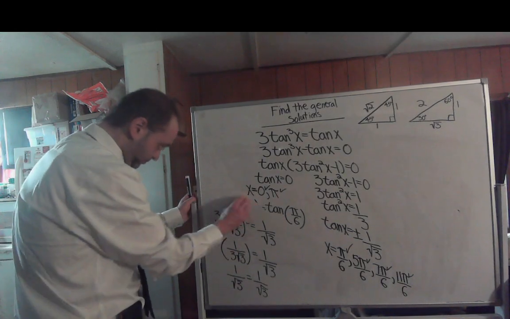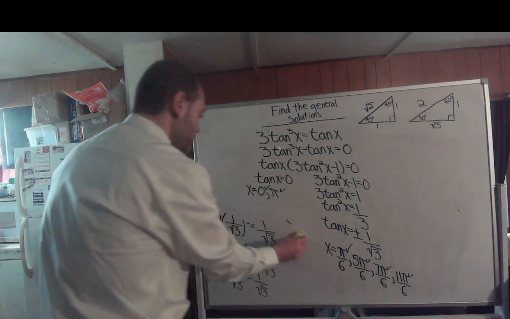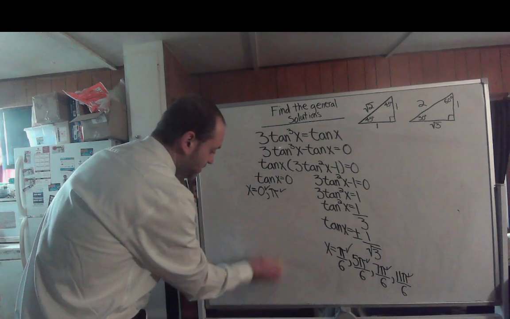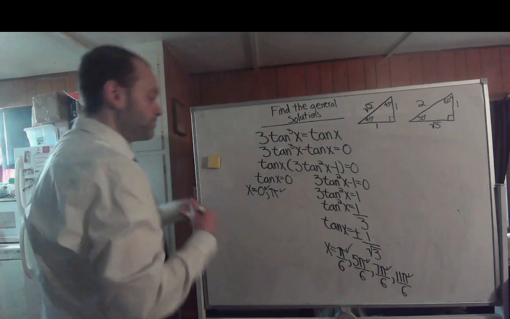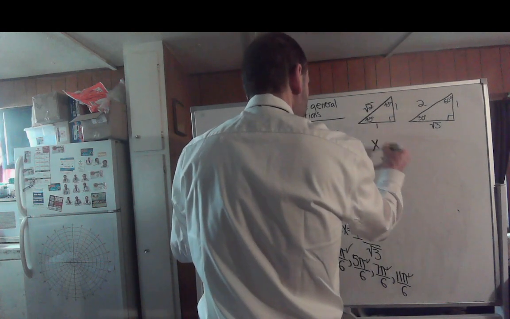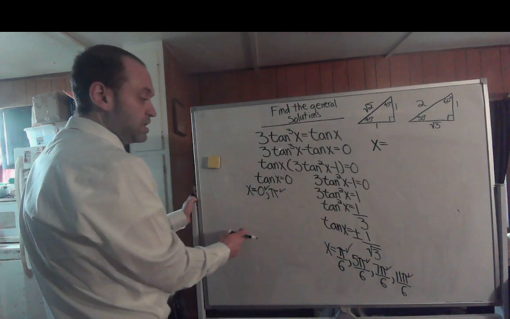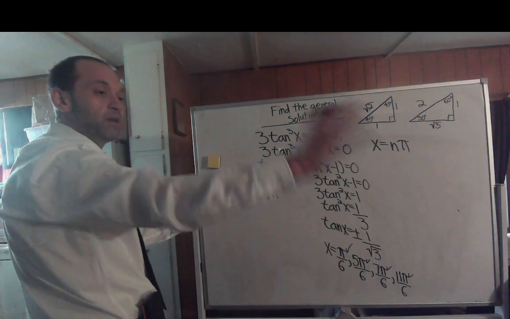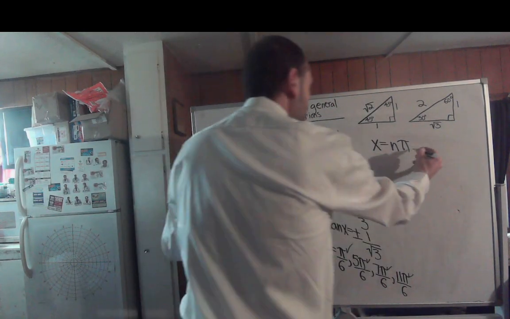So it looks like we have 6 general solutions. And in theory we do, but we can write it as less than that. So this 0 and pi, well, the period of tangent is pi, so you could literally just write n pi. That would also account for 0, pi, and every other pi from here to kingdom come.